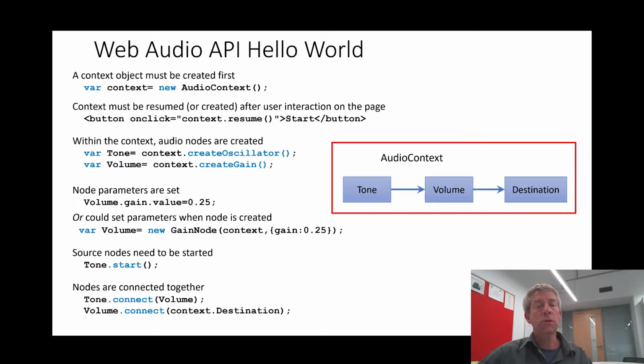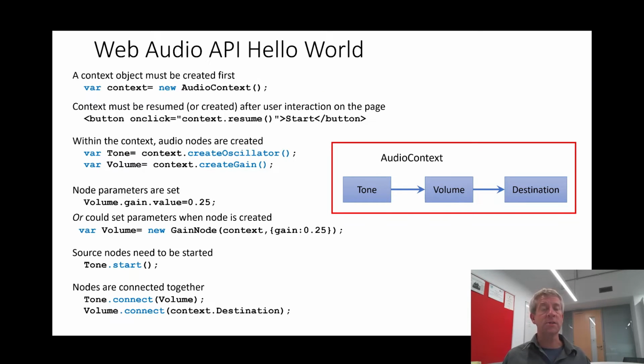To start in the programming, first an audio context needs to be created. And that context needs to be resumed or started after some user interaction on the page. The idea is you don't want a user going to a web page and suddenly getting a blast of noise. The user needs to say, yes, I want to hear sound.